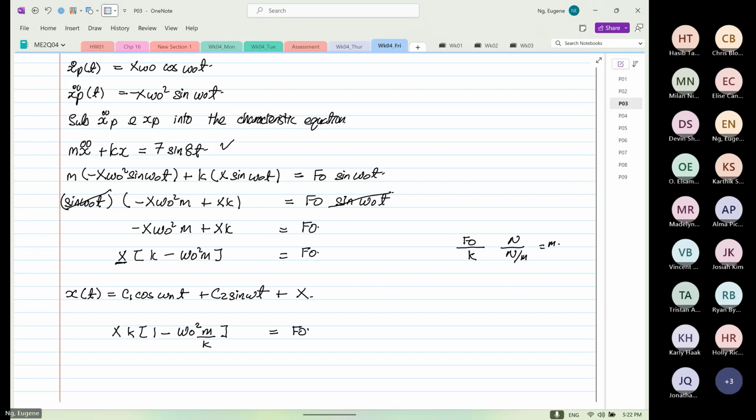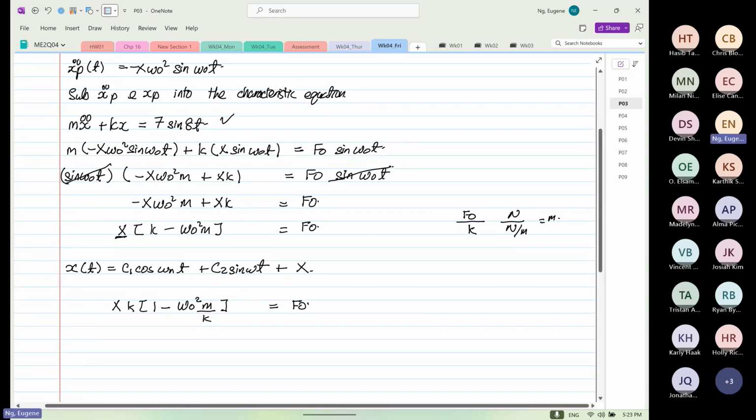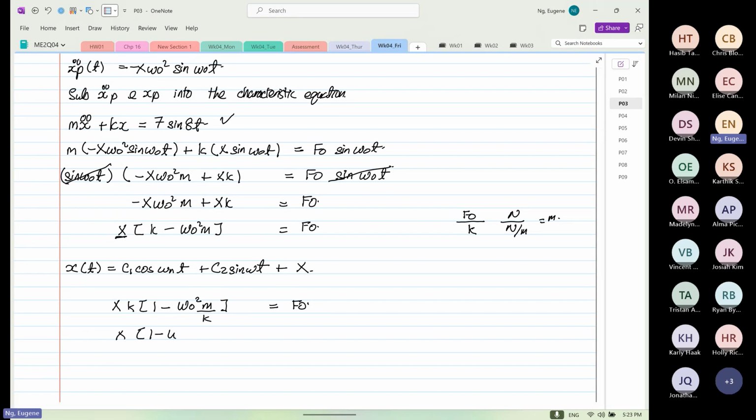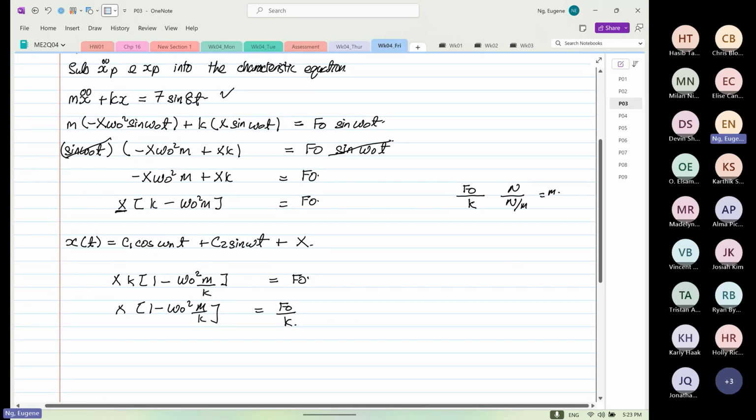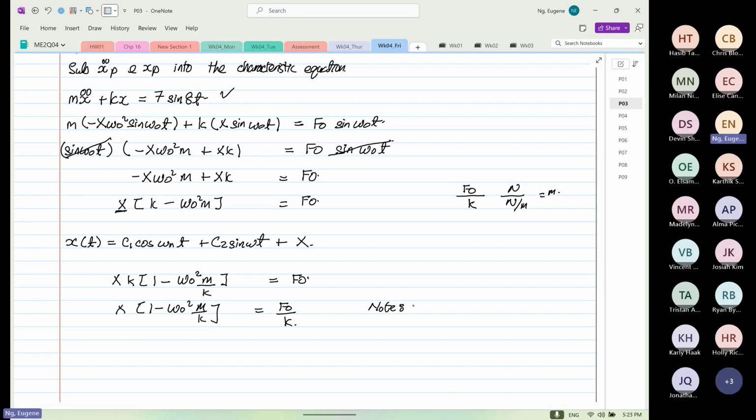F naught. Okay. So from here, x bracket 1 minus omega naught squared m over k. This is equal to F naught over k, right? And then note that omega n is equal to square root k over m.